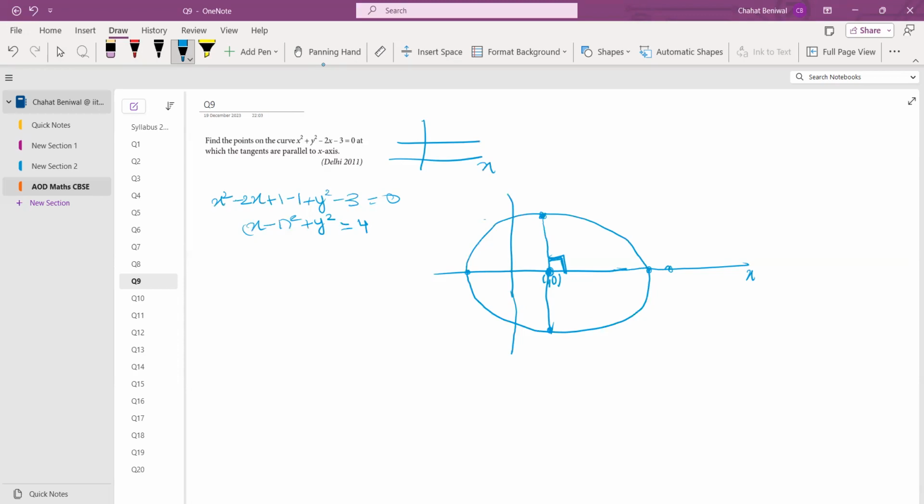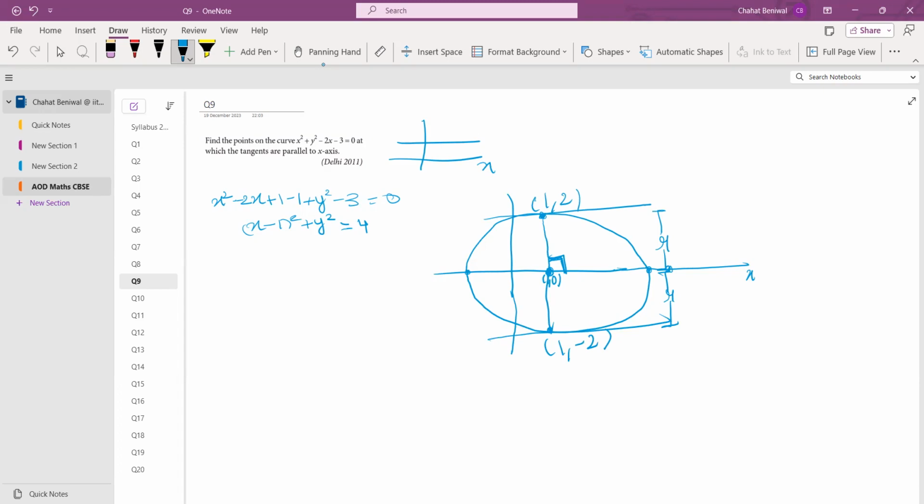That's why we are going to make that. And since the radius is 2, this height is going to be 2, so (1, 2) and (1, minus 2). That's it. This is our answer.